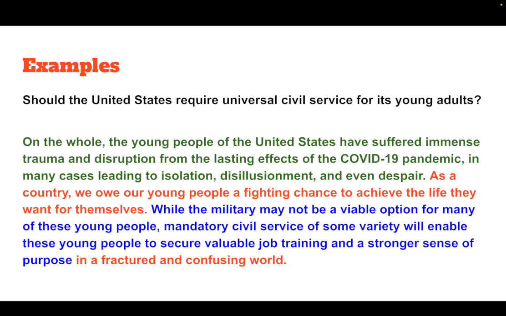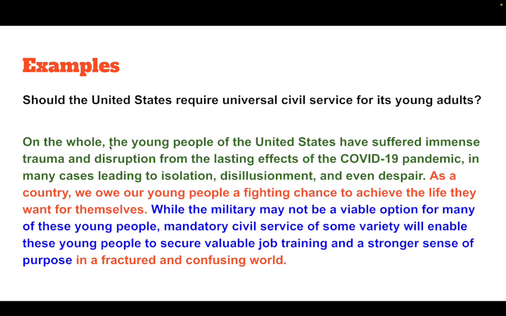While the military may not be a viable option for many of these young people, mandatory civil service of some variety will enable these young people to secure valuable job training and a stronger sense of purpose in a fractured and confusing world.